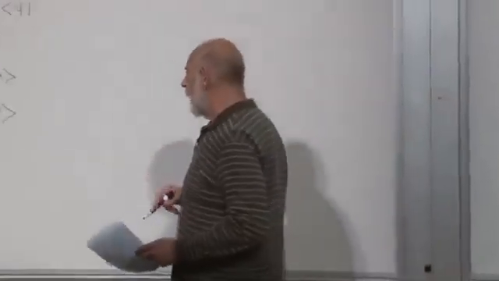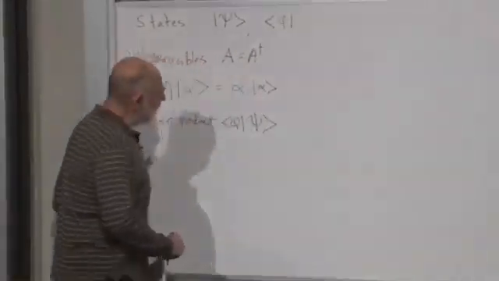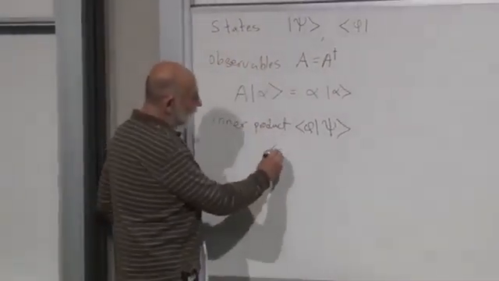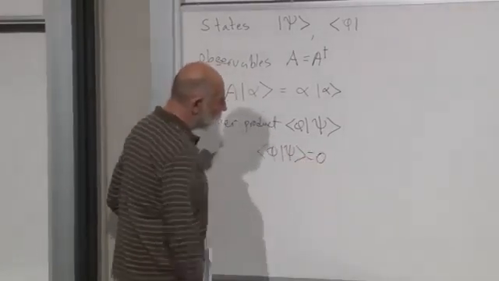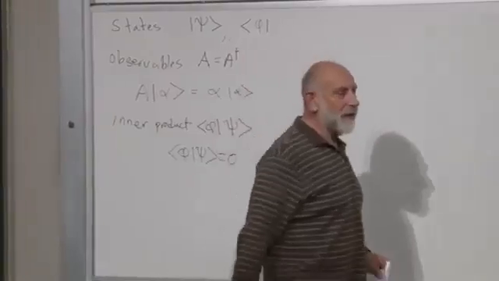There's a measurement you could do to distinguish them. Then those states are said to be orthogonal. Orthogonal means physically identifiably different, and mathematically, it's the statement that the two vectors have inner product equal to 0. So orthogonality is a fundamental property of relationships between vectors which says that they are different. You can't confuse them. Well, you can confuse them, but you shouldn't confuse them.